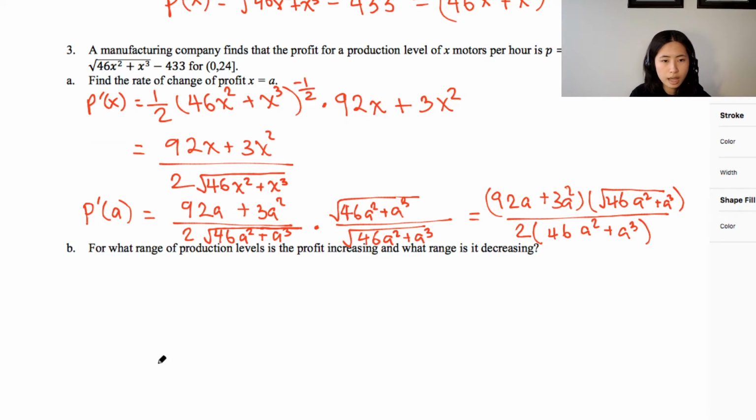So the next step is to find for what range of production levels the profit is increasing and for what range it is decreasing.